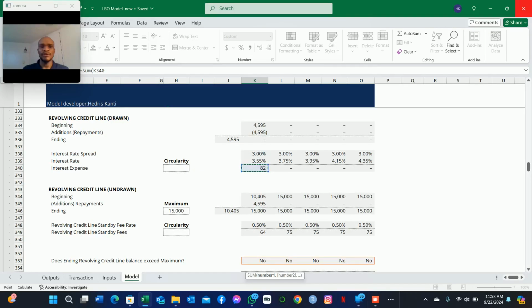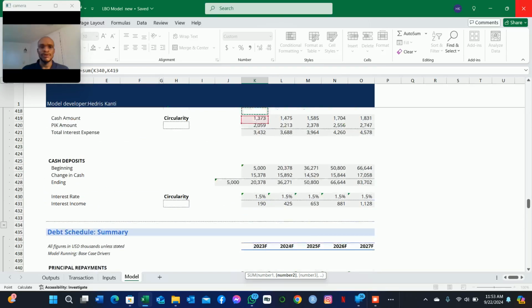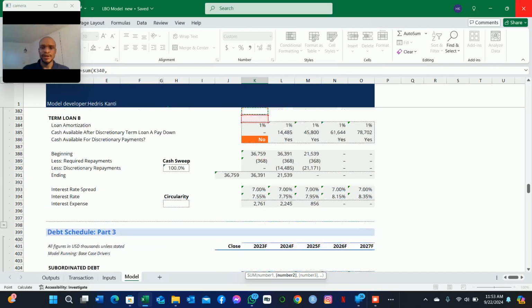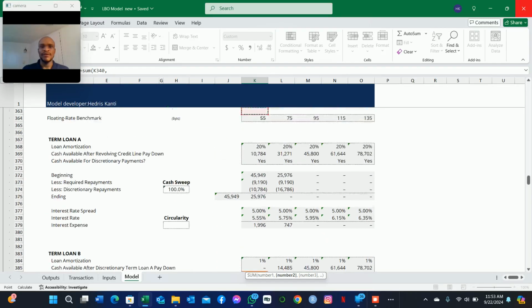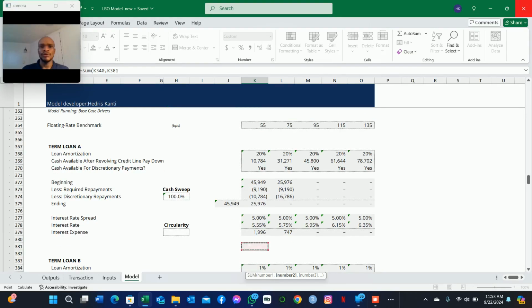Because we know that the standby fee is the fee that must be paid whether you take on the debt or later on you revoke the agreement. So you must pay that standby fee.